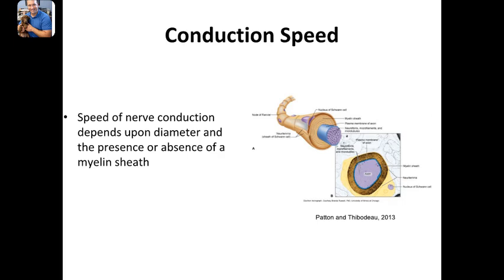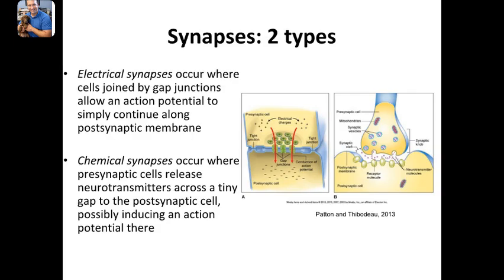Synapses. So when a nerve fires and it gets to its destination, as I stated, you can either turn something on, that's called excitatory. You can shut something off, it's called inhibitory. All right? So we have two different types of synapses. This one here is going to be an electrical synapse. You could think about this like those intercalated discs within the heart tissue.